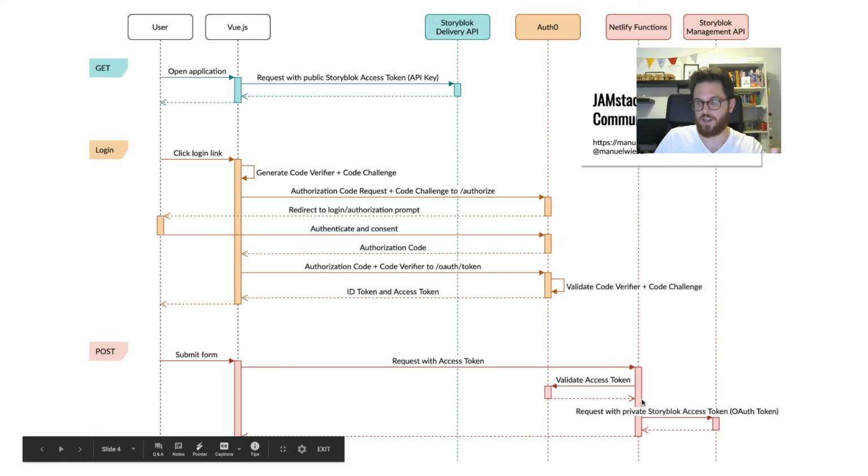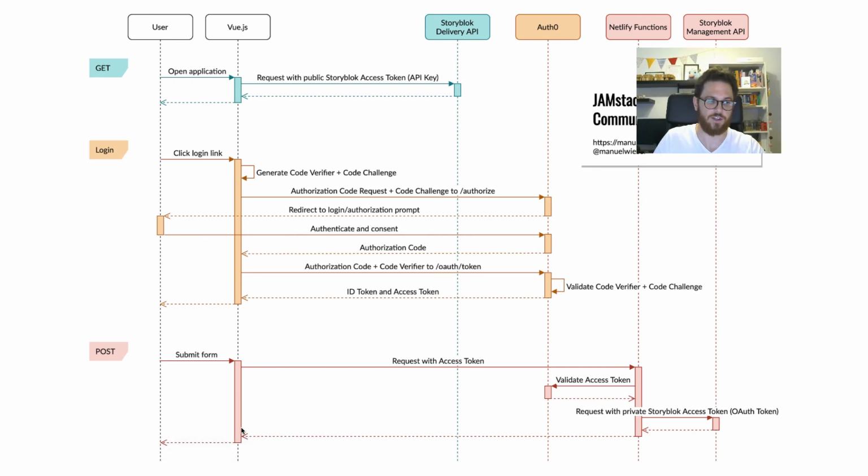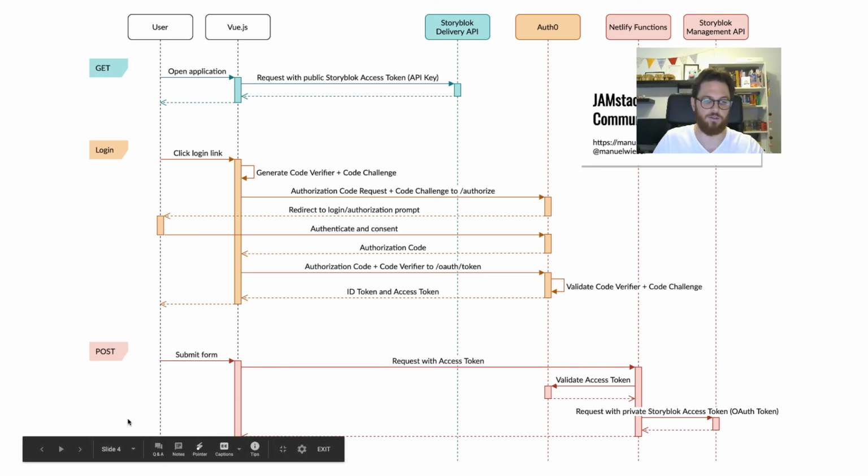Then Auth0 says yes, that's cool, and the serverless function will then talk to the Storyblok management API and change some data, add some data, upload a file. Storyblok will then respond with, hey, that's cool, and the Netlify function or your serverless function will then also respond with, hey, everything went all right to the application, and you can show the user a success message.